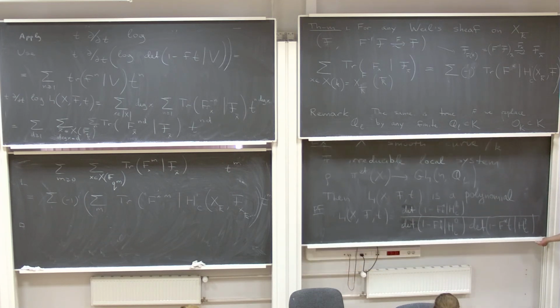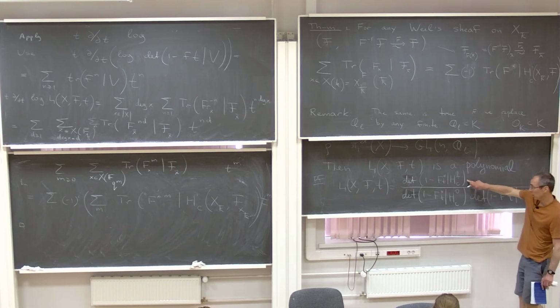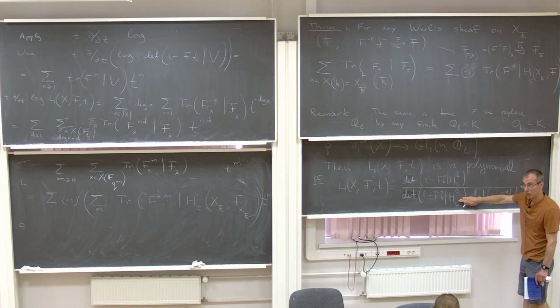So let's look at this formula, right? I just rewrote this Grothendieck interpretation. So this is a polynomial. We would be done if we can show that this guy is equal to 1. That's what you want to show.